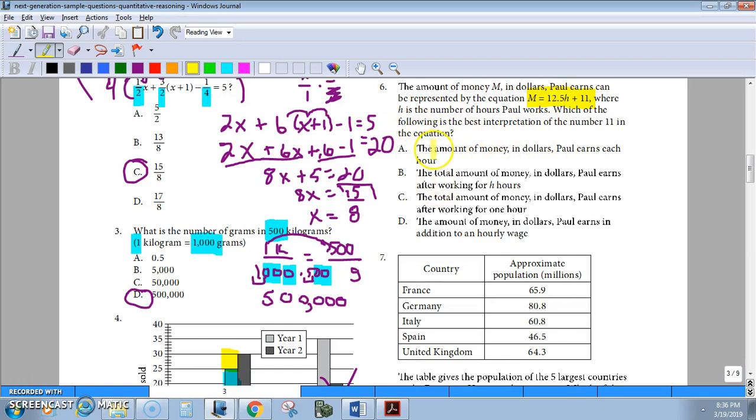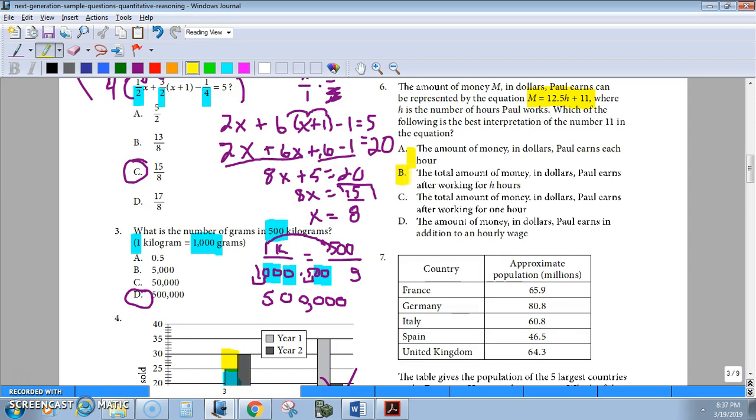The total amount of money in dollars Paul earns after working H hours. This could be it. Paul earns after working 1 hour? No, it's not just for 1 hour, so it's not going to be C. It's not going to be A.